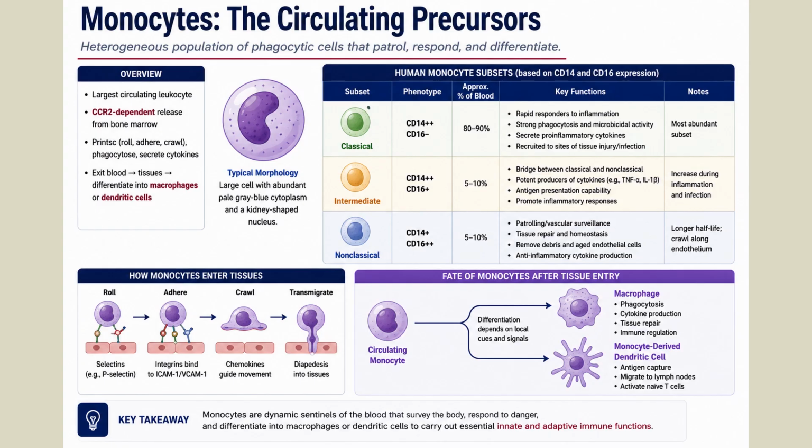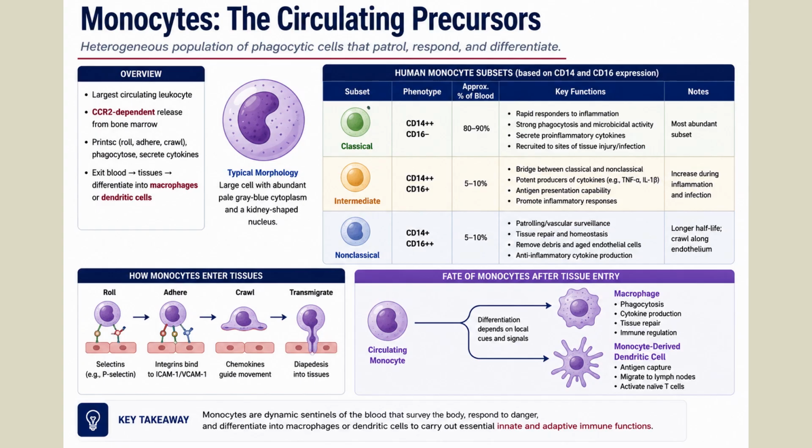And not all circulating monocytes are identical. In humans, we generally recognize classical monocytes, which are CD14 positive, CD18 negative, intermediate monocytes, which are CD14 positive, CD18 positive, and classical and non-classical monocytes, which are CD14 positive and CD18 2 positive.